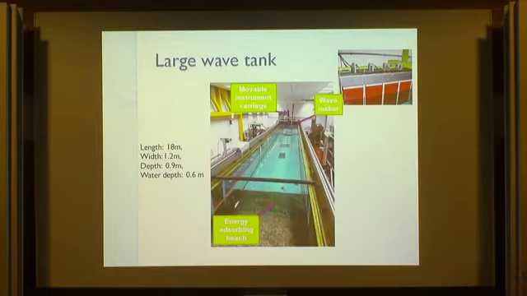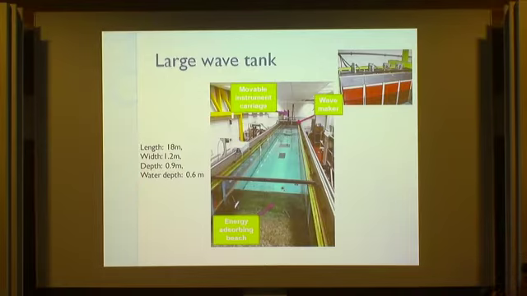And we have a carriage with 4 wave gauges on it, 40 centimeters between each of them, and we can move the carriage, measuring the surface elevation by the wave gauges in different points of the wave tank. We made 32 points here, 40 centimeters between each.